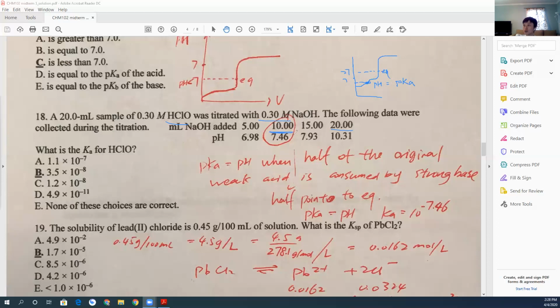That's halfway to the equivalence point. The corresponding pH is equal to pKa. So the pKa for this acid is equal to 7.46. Ka will be 10 to the negative of the pKa value, which will be B.